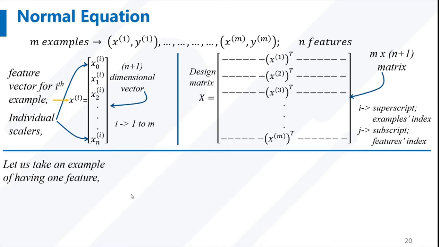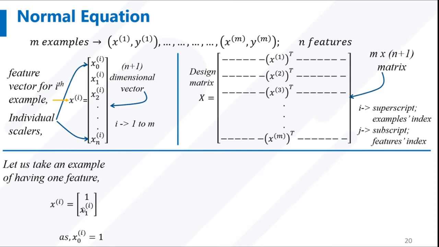Now let us take an example having just one feature. In that case, x^i will be equal to 1, x1^i, not x2 up to xn, because we have only one feature. The first element is 1 because x0^i is always 1 for every example. And the second element is the first feature, the single feature, because we are discussing a one-feature example.